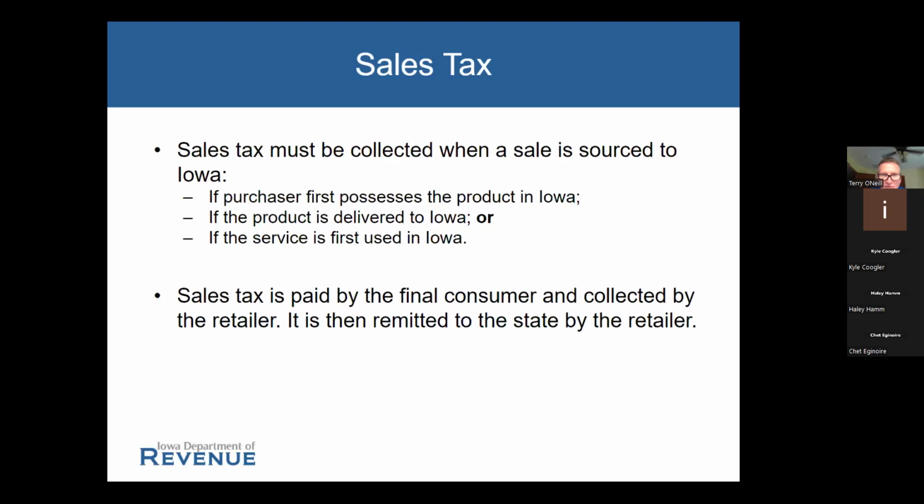They've made a purchase from me and the state of Iowa paid for it. It should have been tax exempt. How do I get my money back? Well, the answer is you as the retailer don't get the money back, okay? The person that paid the tax, the final consumer, is the one that's entitled to a refund if there's a refund due. So again, just a short, quick example. I just wanted to clarify that so everybody has an understanding.